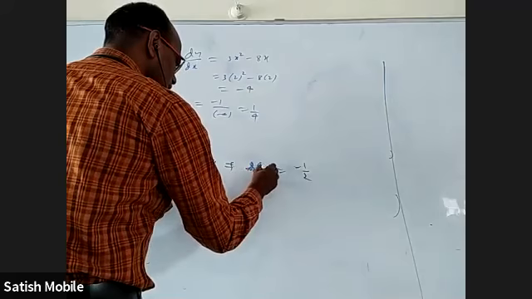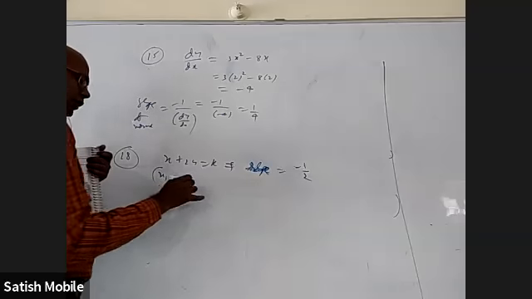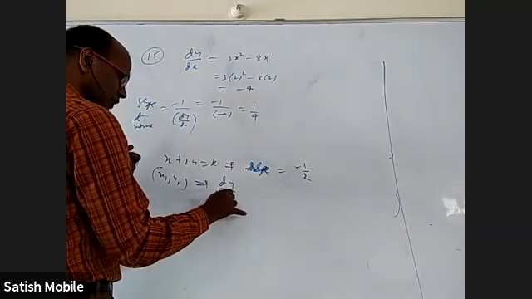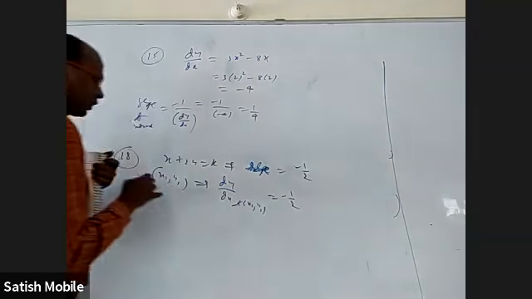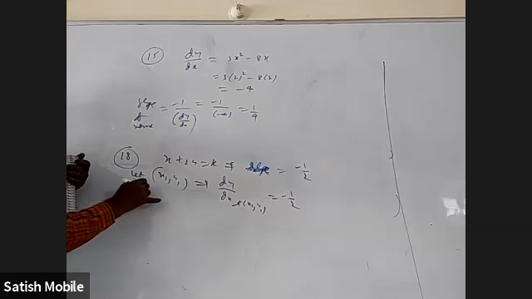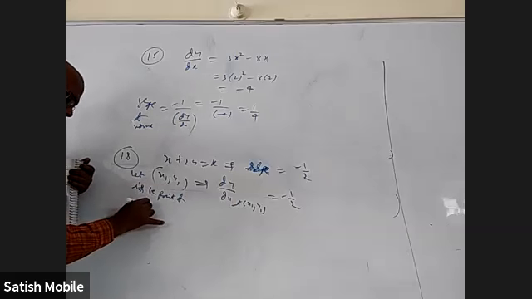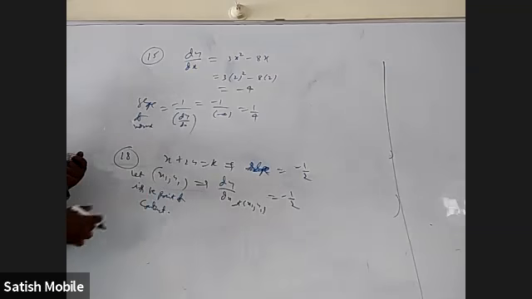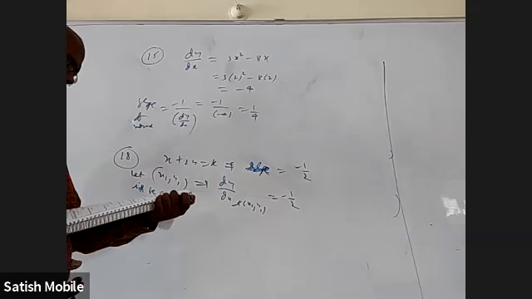So indirectly, if I take the point as x1 comma y1, okay, dy by dx at x1 y1 should be minus one half. I'll assume x1 y1 is the point of contact. So basically, we have to just find what is the point where the slope of the tangent is minus one half.